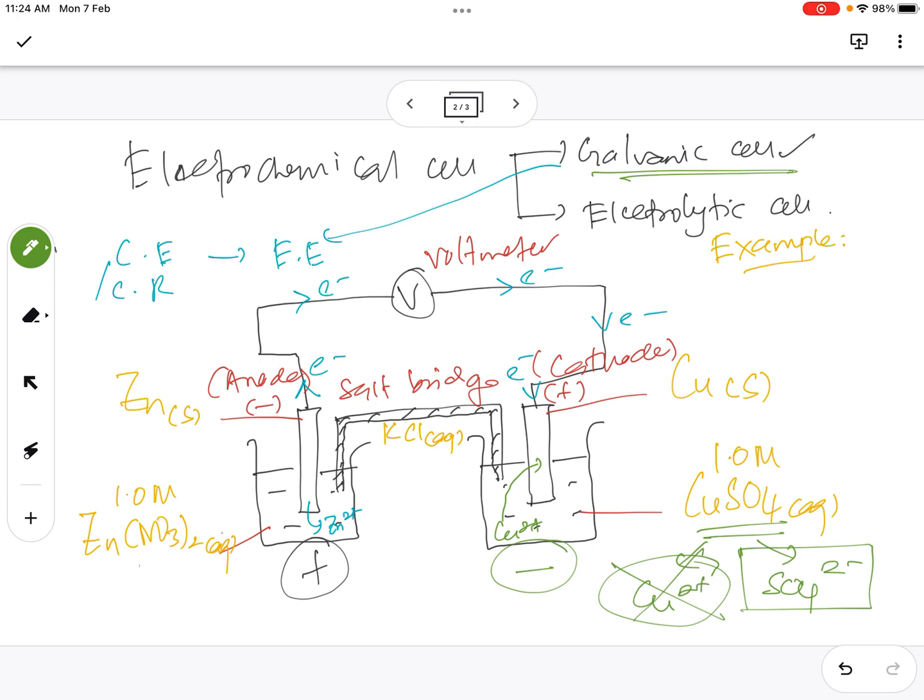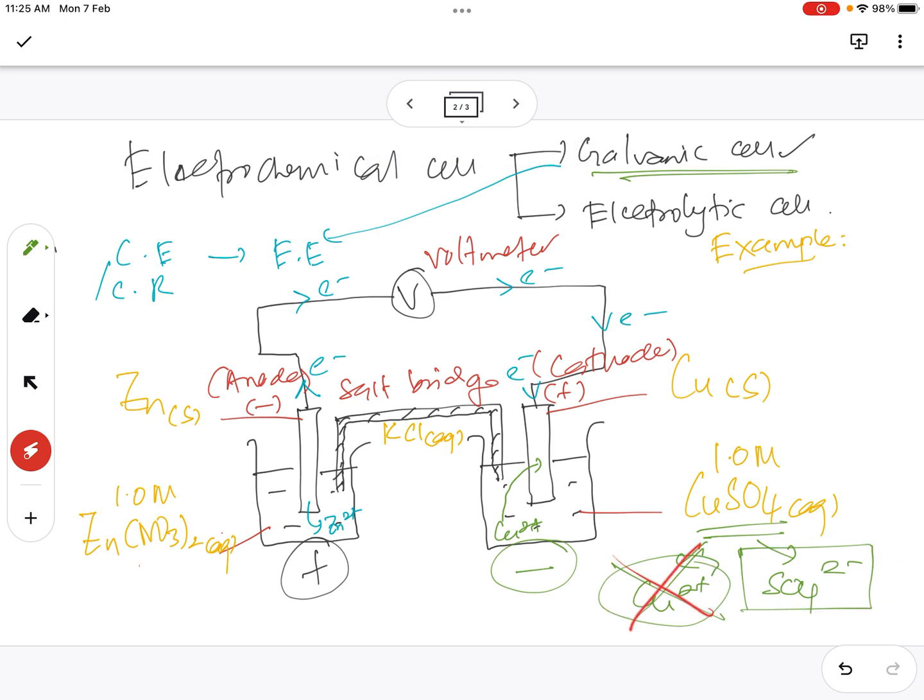Okay, saya ulang balik sekali lagi. So Cu2+ daripada solution, iaitu daripada copper(II) sulfate ni, dia akan reduce masuk ke elektrod. Jadi semakin lama Cu2+ semakin berkurangan, sebab dia asyik masuk ke elektrod. So kuantiti Cu2+ ni semakin berkurangan. Dan kita dapati dalam copper(II) sulfate kita ada Cu2+ dengan SO4 2-.